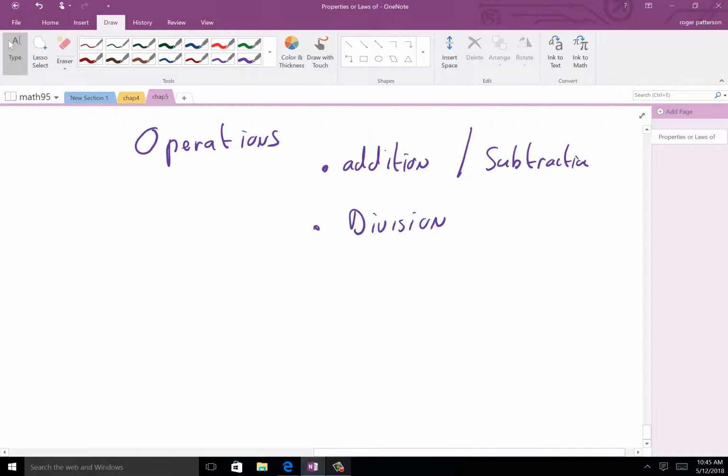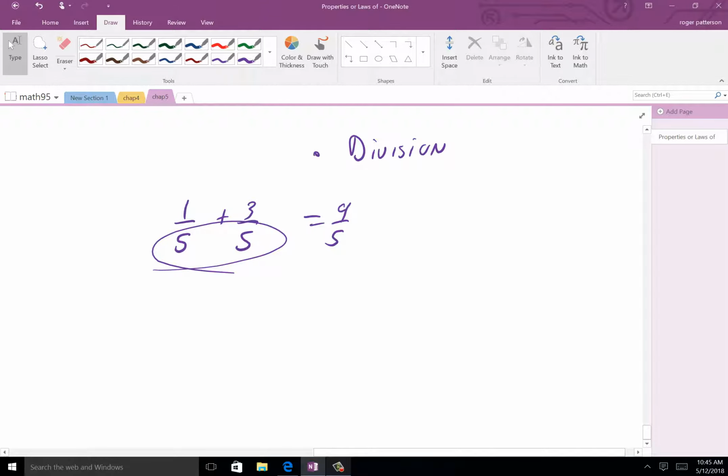When we're doing fractions, we're okay as long as we have a common denominator, right? So we get 4/5. Radicals are the same way. We're okay as long as those things are the same.